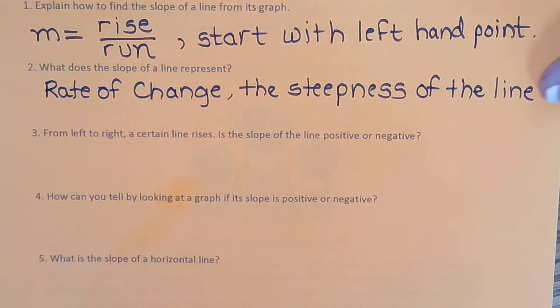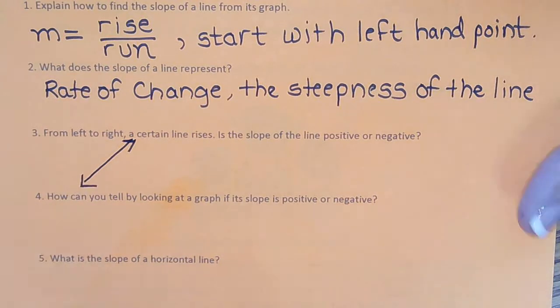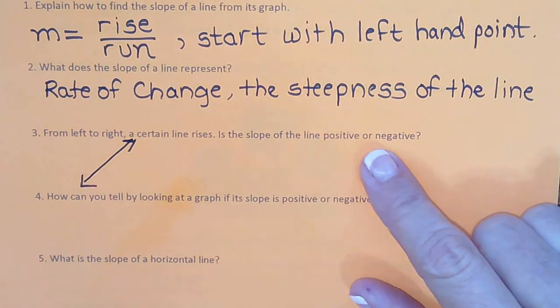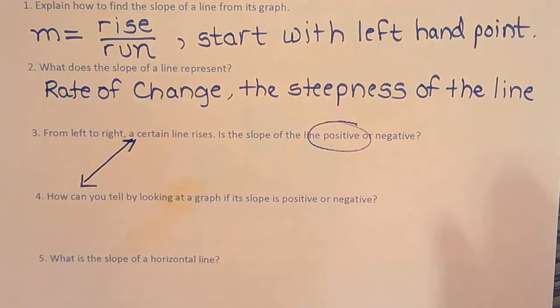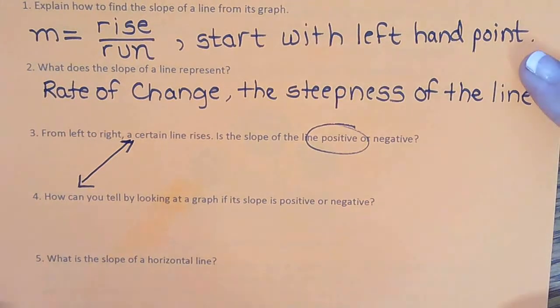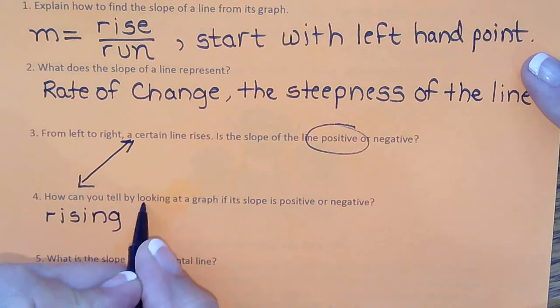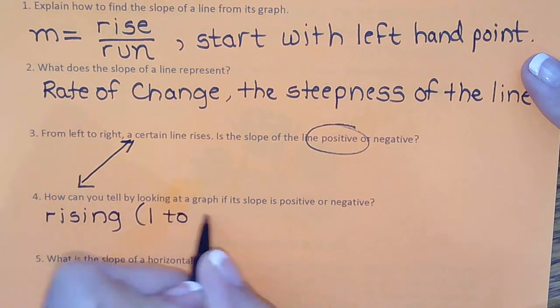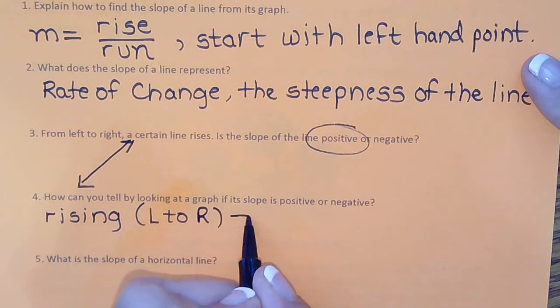From left to right, a certain line rises. If the line rises, that means the slope is positive. So rises from left to right, positive. And so that's what they want us to write about here. Rising from left to right, positive slope.